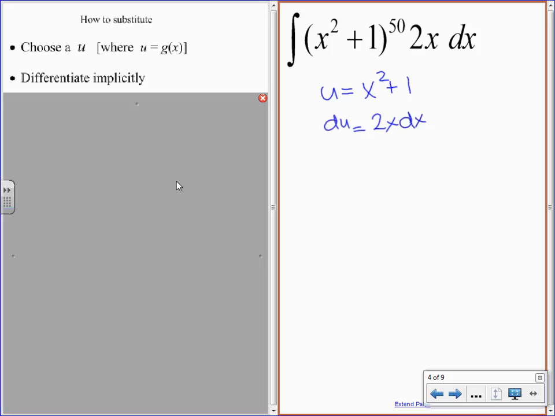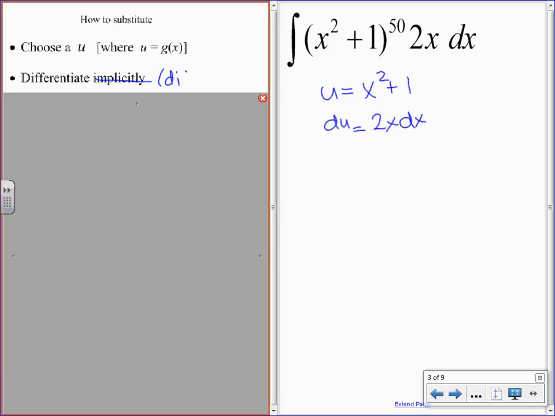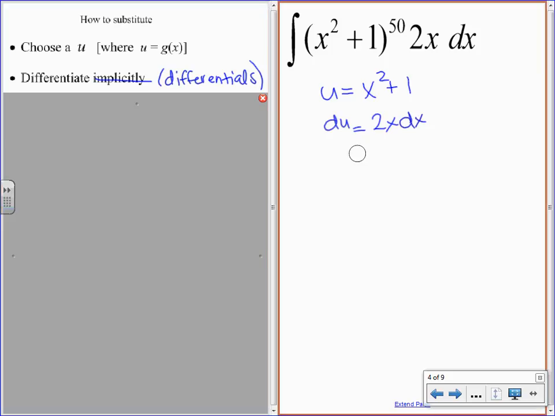So instead of implicitly, I'm going to remind you about differentials. Well, we took the derivative, so there's no plus c. It's only when we take the antiderivative. So du equals 2x dx.